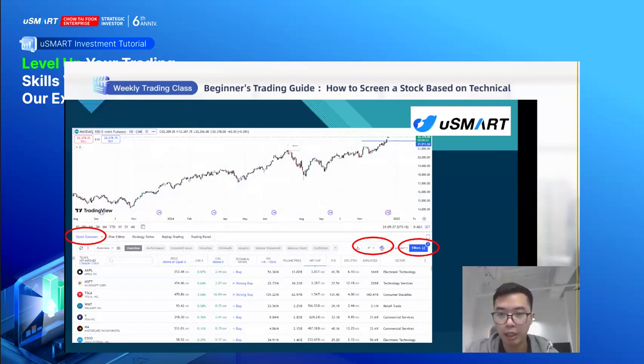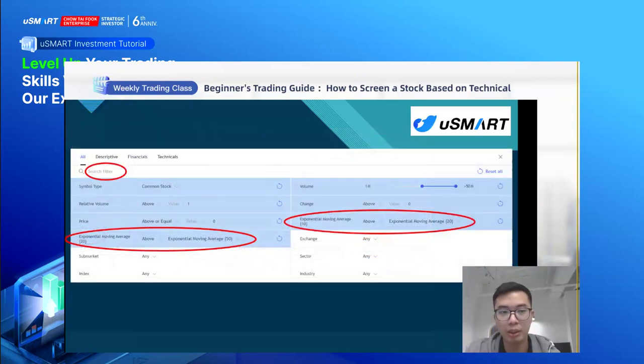Then after that, you press filter. So this is my personal filter preference. I will show you all, and everyone can try it. There are a lot of indicators inside, and you can do whatever filter you want. So I just share my personal one. You can search at the top right for the filter, and this is my settings.